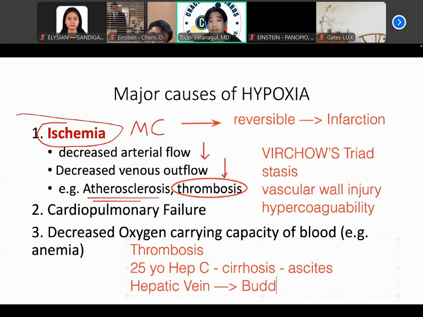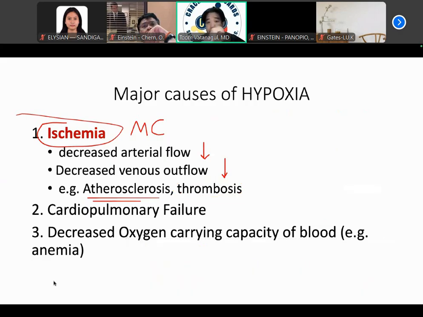This is known as Budd-Chiari syndrome. Budd-Chiari syndrome presents with ascites, and it occurs as a result of hepatic vein thrombosis. Okay, so I hope this clinical correlation is clear.